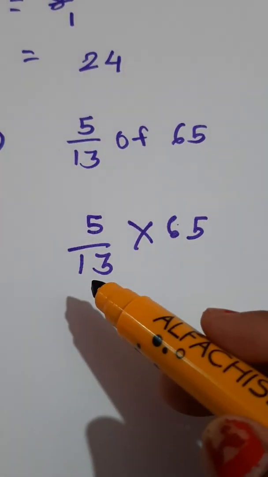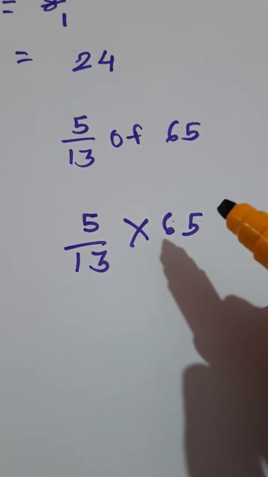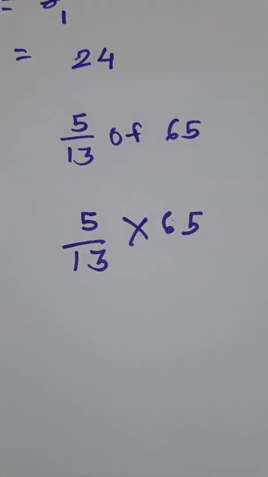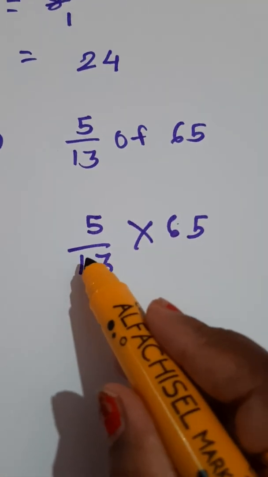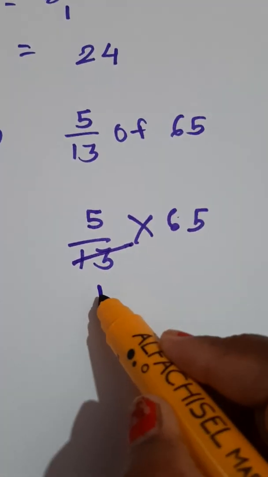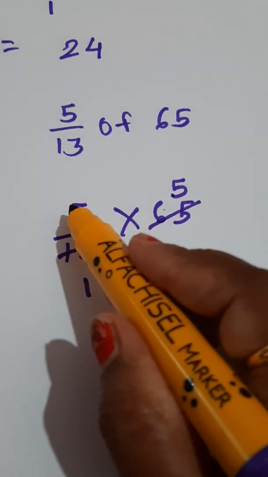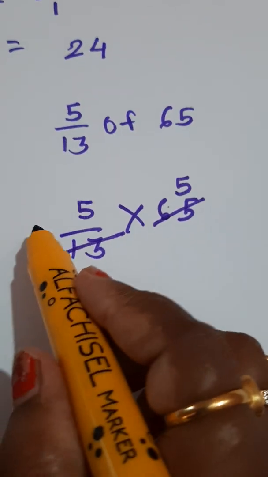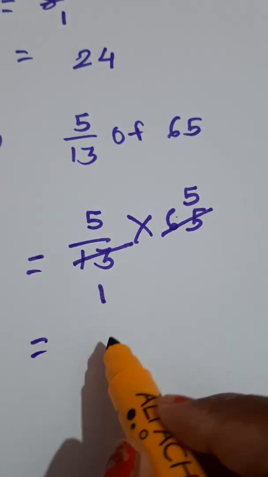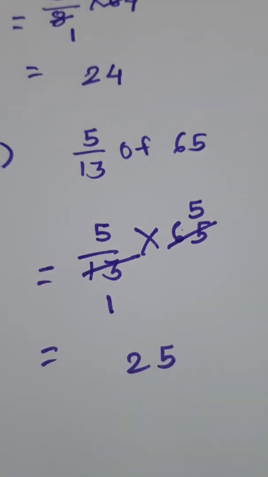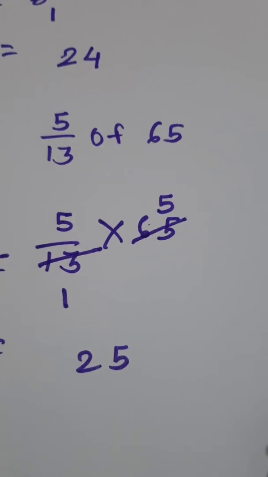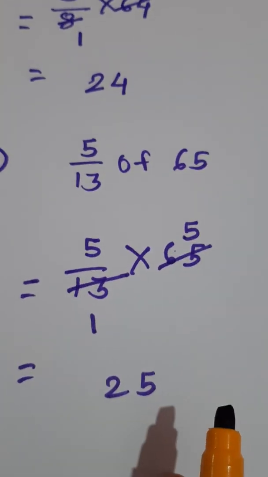If you learn 13's table, as soon as you read the problem, you get it. 13 5s are 65. 13 1s are 13, 13 5s are 65 and 5 into 5, 5 5s are 25. So 5/13 of 65 is 25.